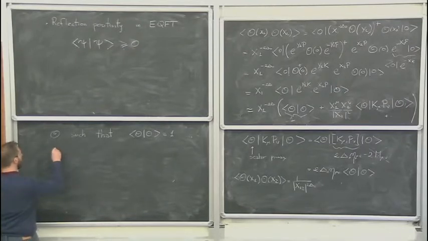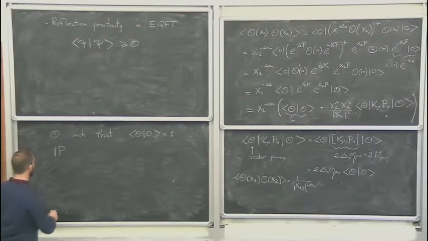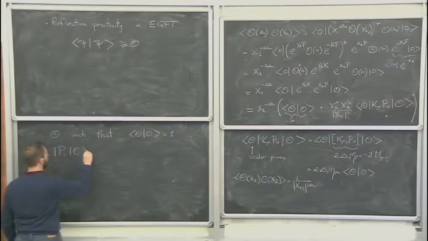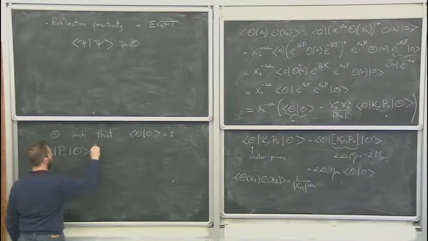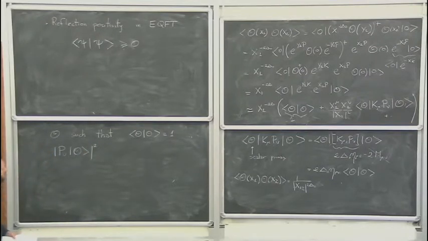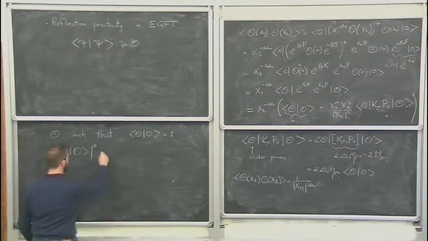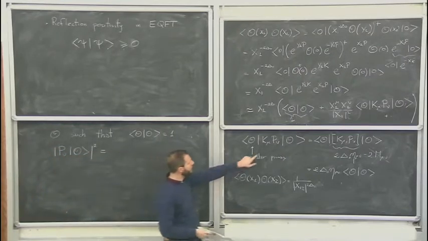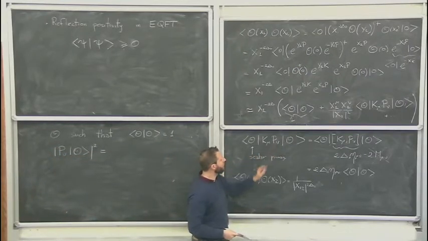In particular, if I take a first descendant, let's call it P mu, or even simpler, P0 acting on the state O, and I compute this norm. This is defined according to basically this object where you set mu and nu equal to 0.